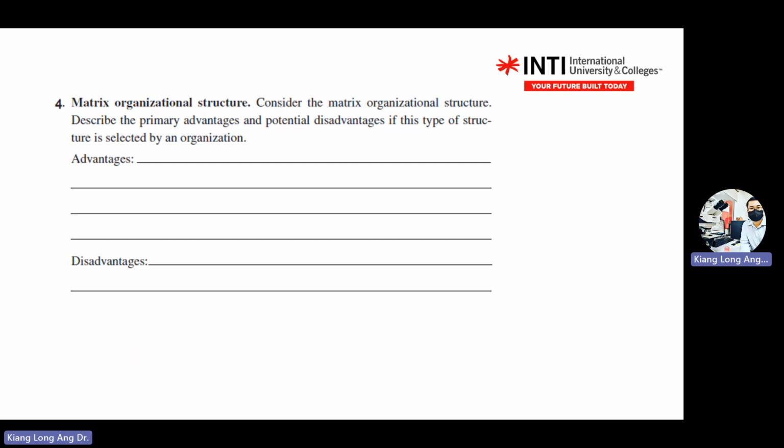They may have some authority in this matrix structure. In the matrix structure, the project manager acts as a coordinator. Okay, disadvantages.